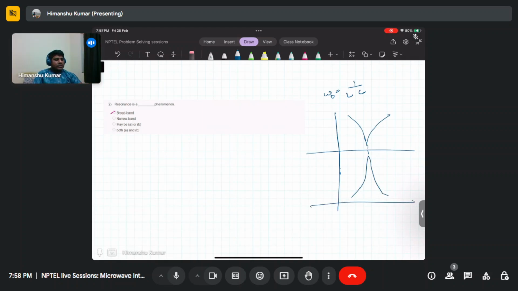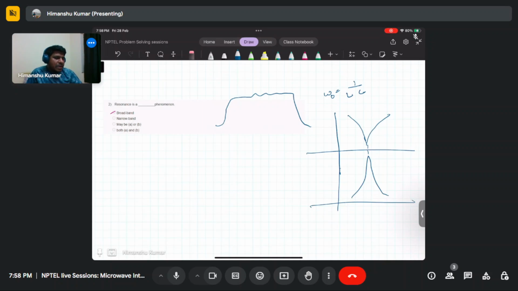This is a narrowband response, depending on your quality factor. The wideband response looks like this, flat. But typically resonance is a narrowband phenomenon.